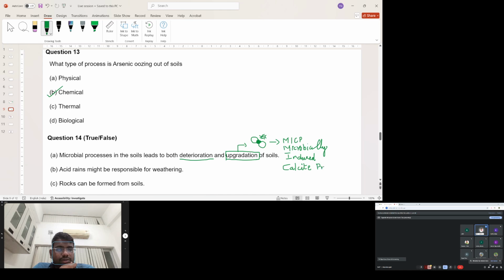This is now being viewed as a ground improvement technique also, to enhance the properties of the soil. So that is the reason. So the answer is true.